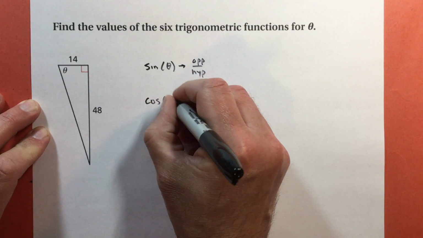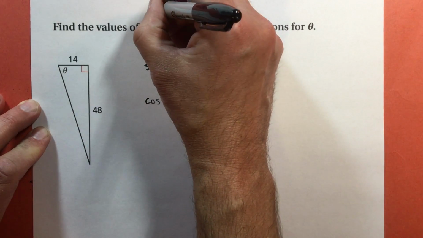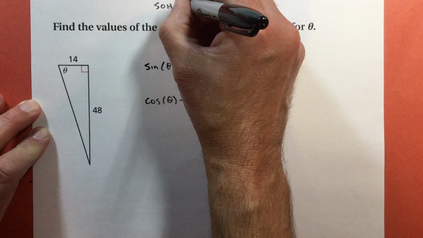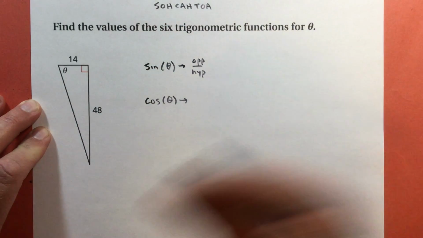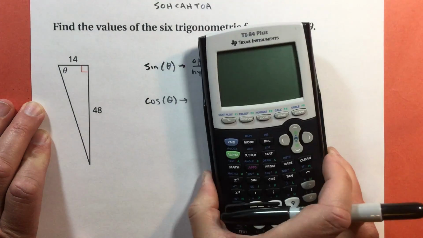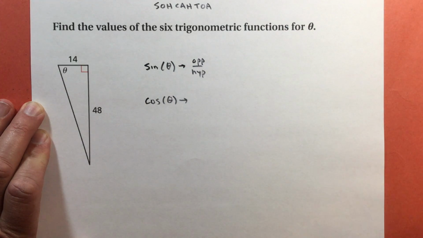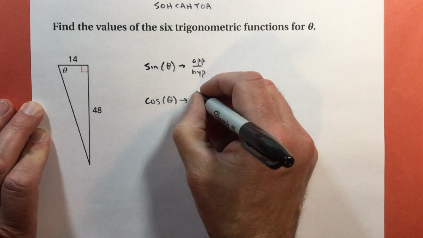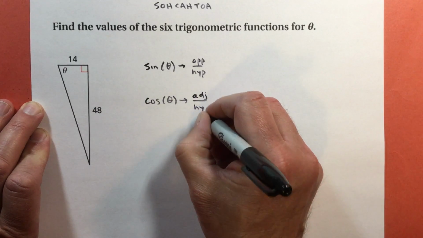Cosine of theta, and the only reason I'm doing it in this order is because of this. It's kind of just our way of remembering it. Writing sine, cosine, tangent in that order, which again, that's what you're going to see. There's no reason why we do them in that order. It just helps us to remember it. That's the only reason.